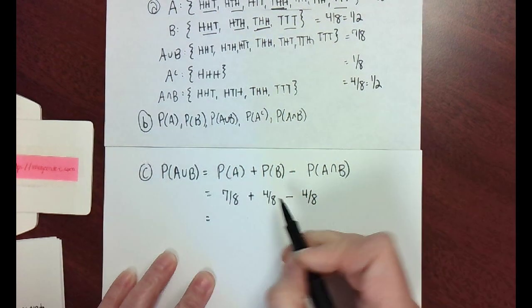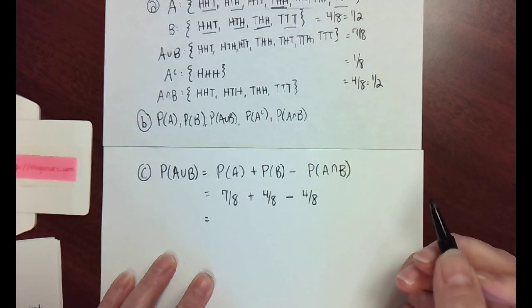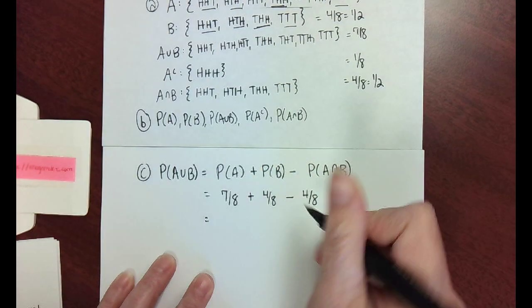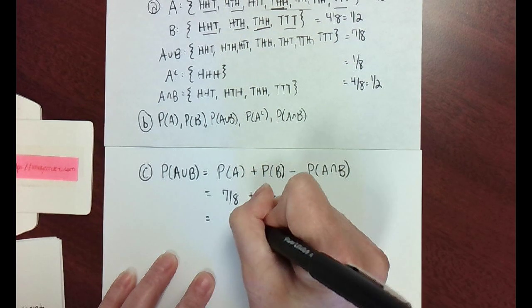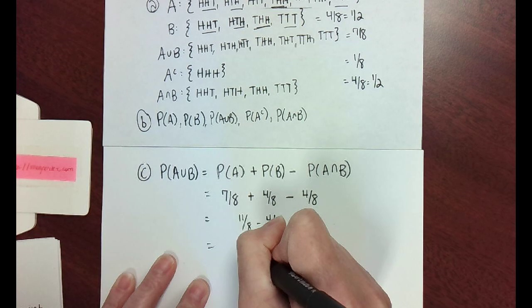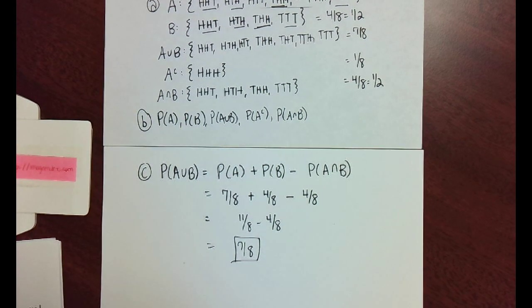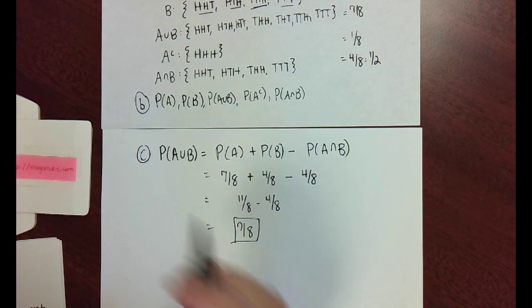When we simplify, technically you could just cancel out the 4 over 8 minus 4 over 8, or we could go straight across: 7 over 8 plus 4 over 8 is 11 over 8, minus 4 over 8, and that gives us 7 over 8. Both of those calculations produce the same result, and that is what you would expect. The probability of the union is not going to change depending on which method you use. You should get the same answer both times.